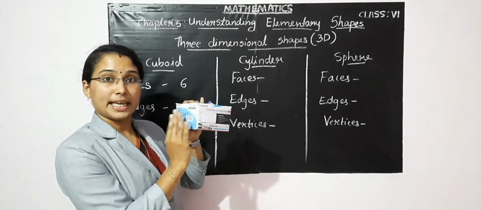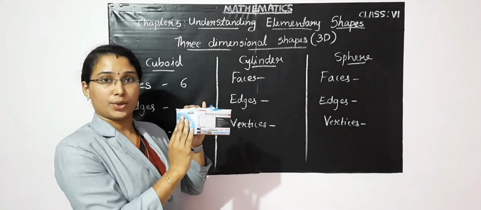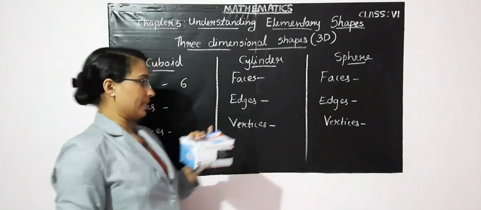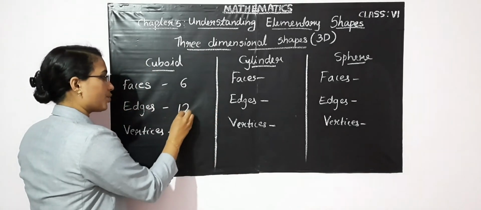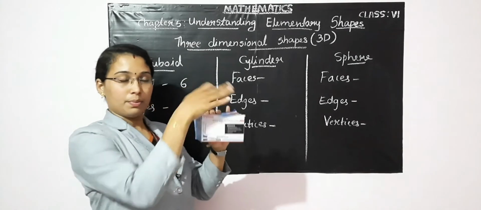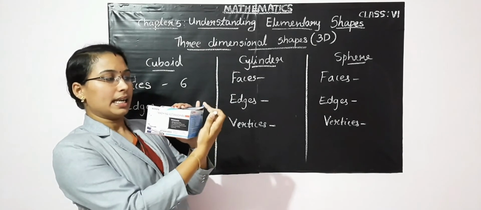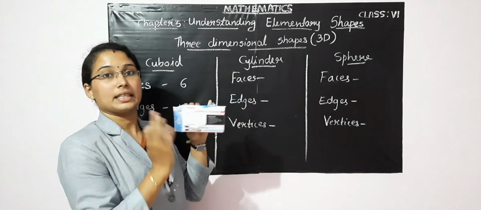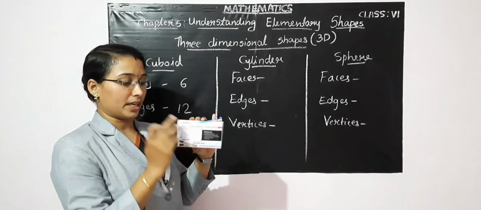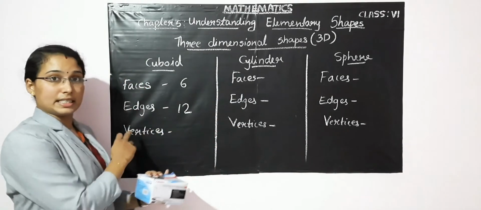So a total of 12 edges are there in this cuboid. So we can write here 12. These are the edges.